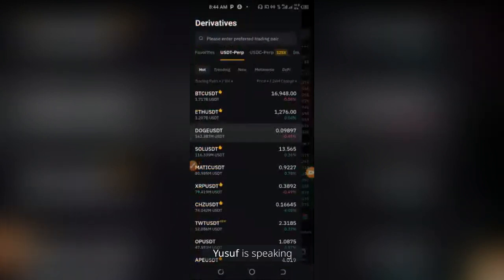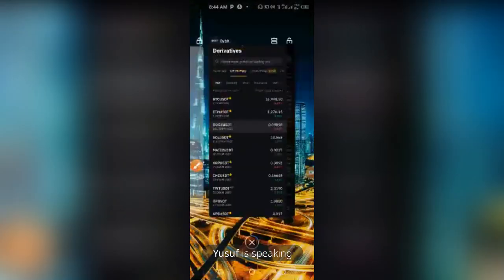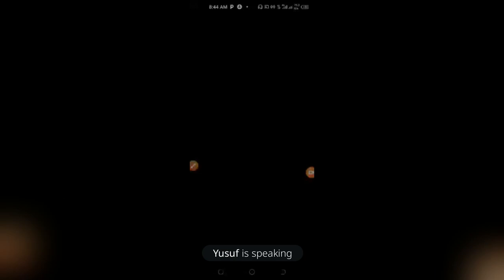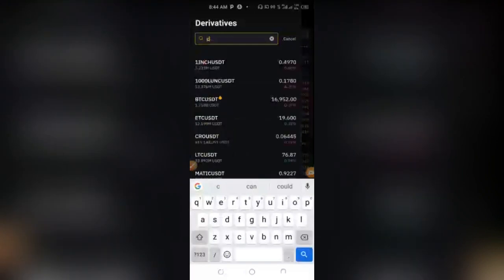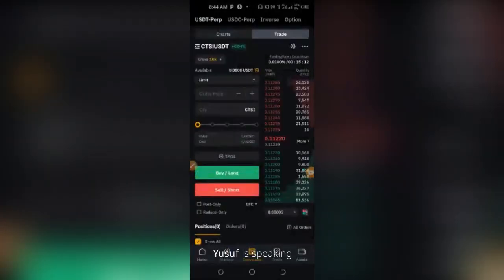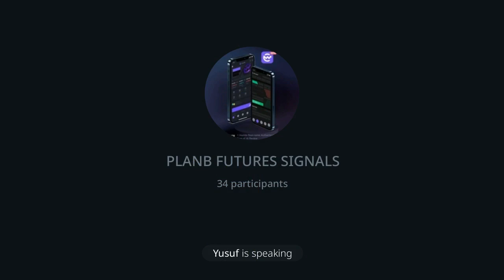Then I'll search for the name of the coin. You just come to the top here. See, it says please enter trading pair. Now, let's check again the trading pair. The trading pair says CTSI USDT. I'll just search for CTSI USDT, as you can see. Now, looking at it, the current price of the coin they dropped is 0.11220.